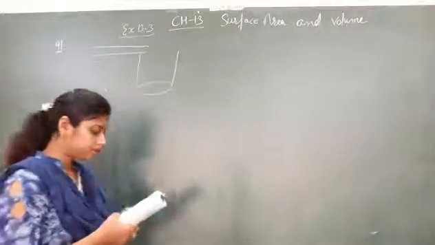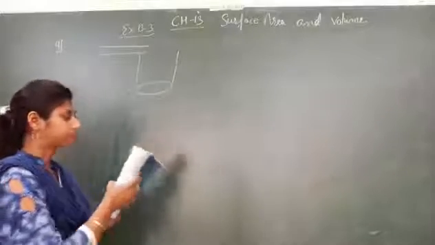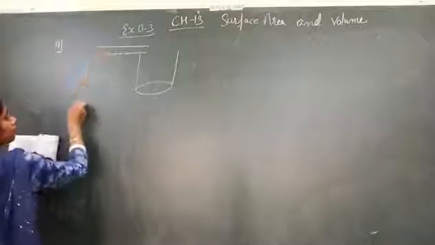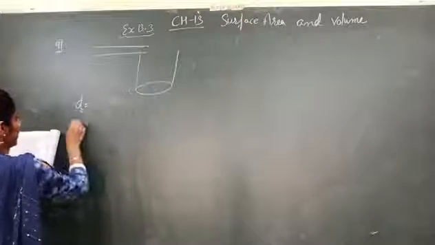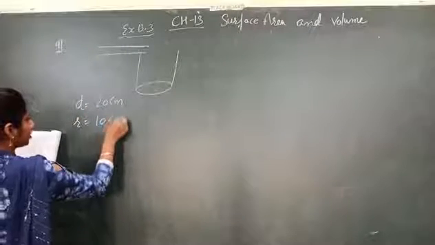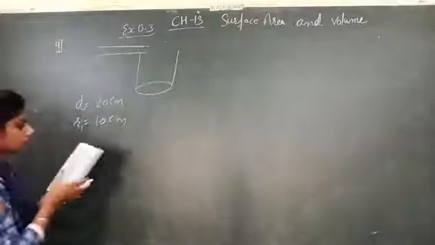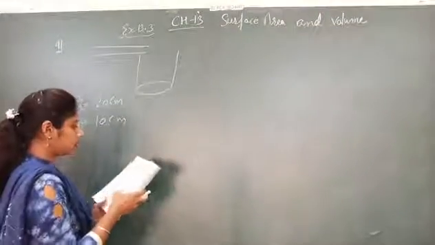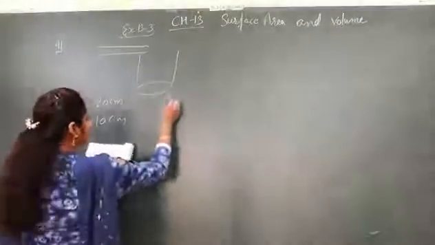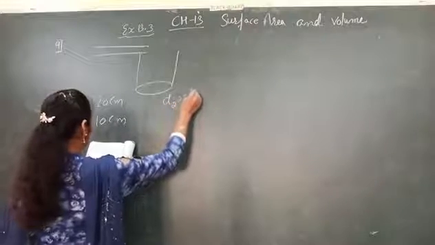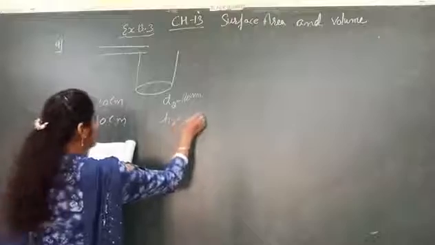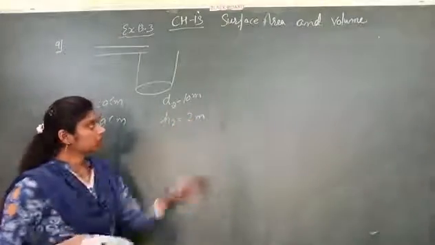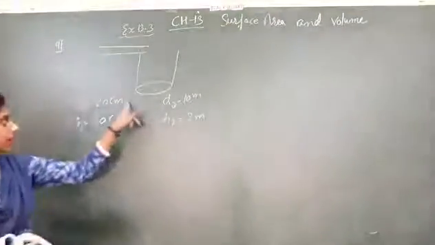Diameter of this pipe is 20 centimeter. So radius is 10 centimeter. Consider it R1. Now cylindrical tank whose diameter is 10 meter, height is 2 meter. Now here is meter and here is centimeter.